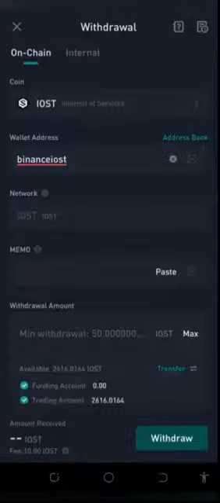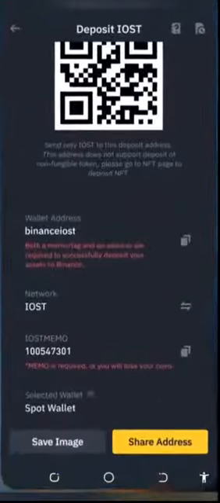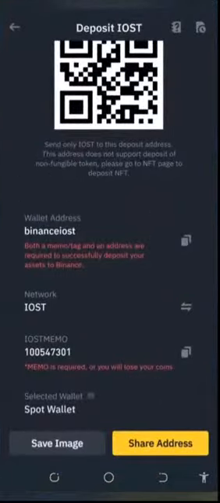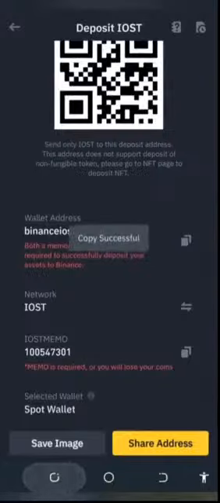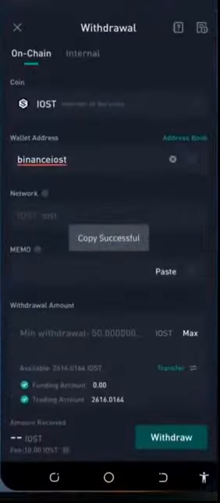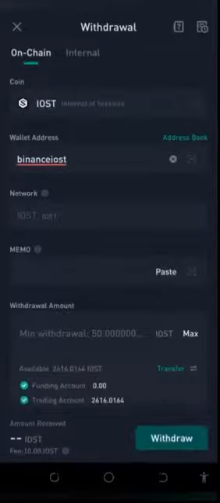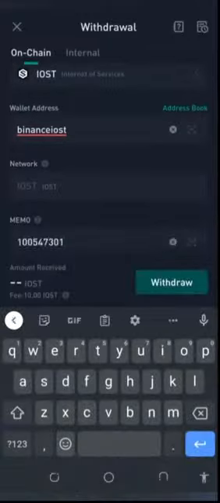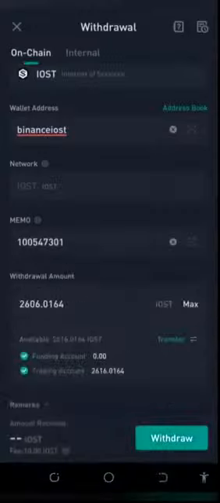Binance IOST. Then we get the memo. Where's the memo? IOST memo. All right, so we get the memo. Get back in there and we paste the memo. Good. So it looks like everything is going on well. Then we pick max.